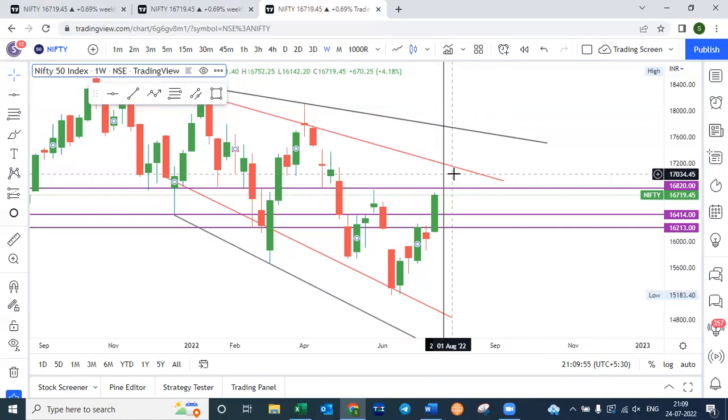But friends, since my expectation is that it should form a red candle and the market is forming a green one, it is against my expectation. Therefore, my deployed capital would be 30% only. And I repeat, my deployed capital is 30% if I'm going to look for a green candle.